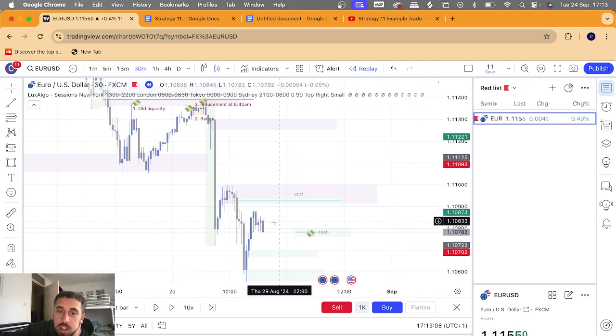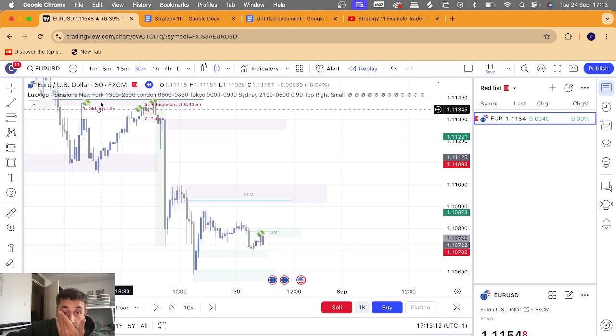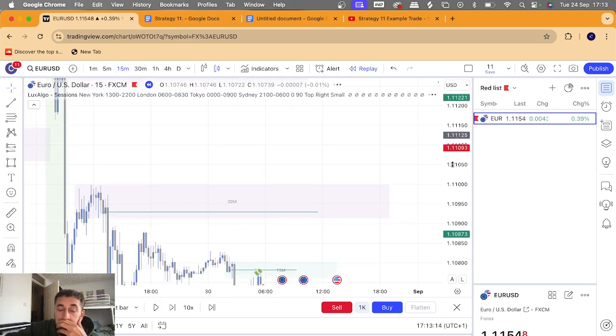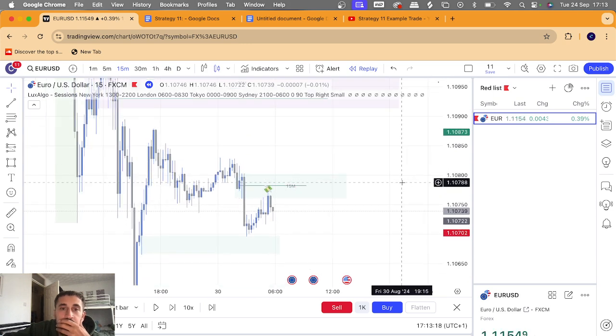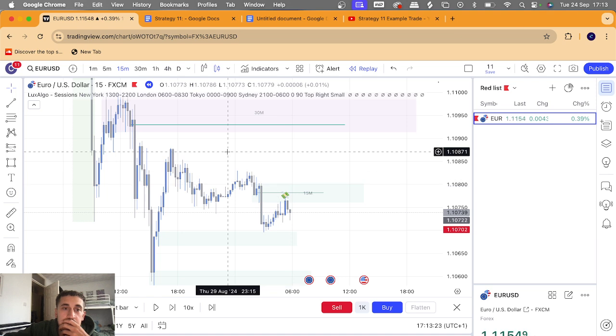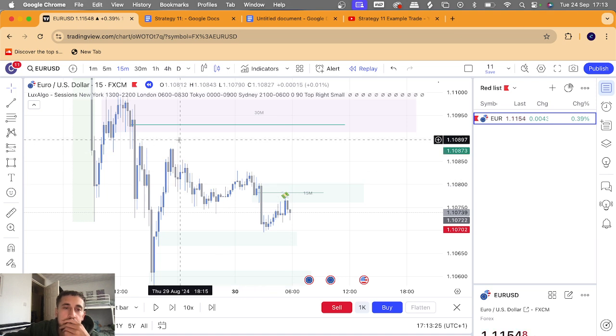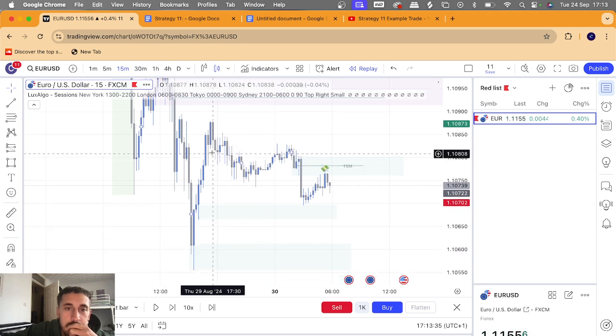Next day, Thursday. I'm kind of just rushing through this as well, but yeah, this higher 30-minute order block there. Okay, this was what I was talking about. So this, look, broke, failed to break, came back, tapped into this, pushed lower.